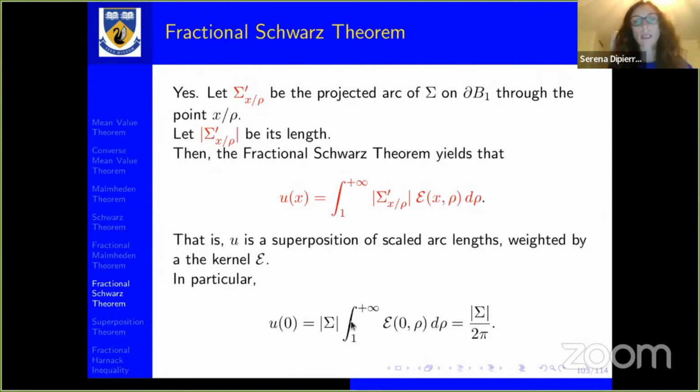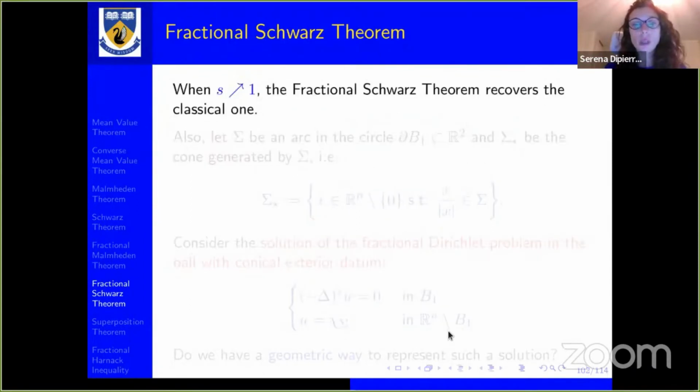So here we just get, every time, the length of sigma. And then I have the integral of the kernel. And then one can check that the integral over the kernel can be computed explicitly, and this is equal to 1 over 2 pi.